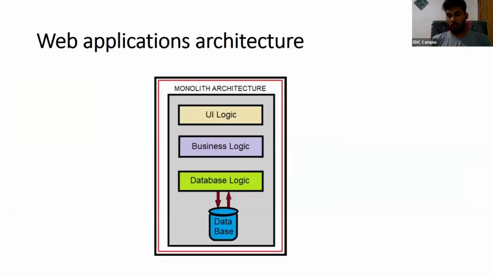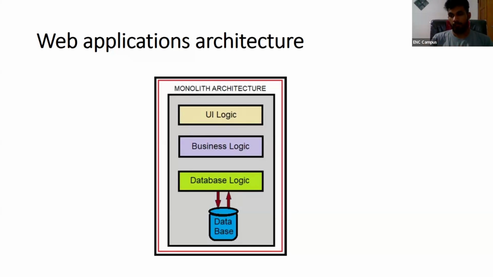Yes, sir. So when we develop applications, we follow different architectures, right? What do we mean by an architecture? Architecture is like a plan. When we are building a house, first we develop a plan, and based on the plan, we build the house. Applications are the same, right?